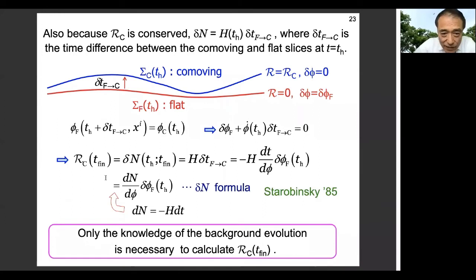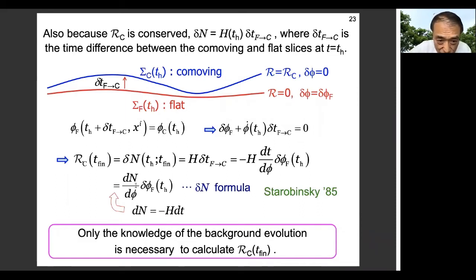Now you see that the curvature perturbation you want to compute can be represented by delta n, which can be computed from the derivative of the number of e-folds with respect to the value of the scalar field.